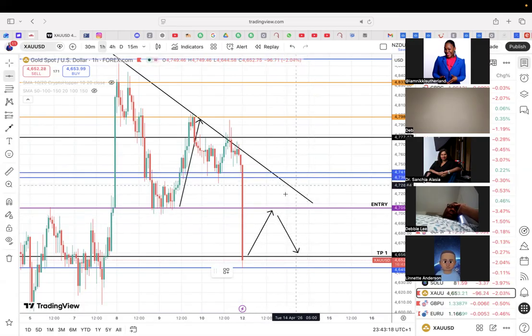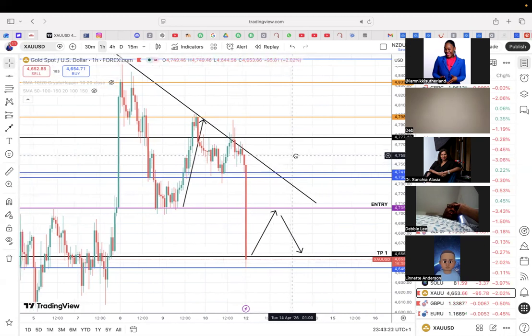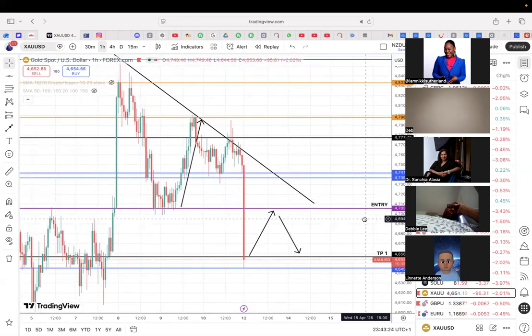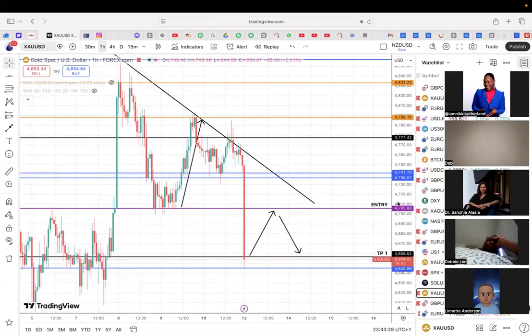Now, what does that mean? That means if we go to the left a little bit, 50, and we'll do another session on how you calculate your pips and stop losses, etc. Even though the scanner does show you that, I'm excited for you all to have access to that.